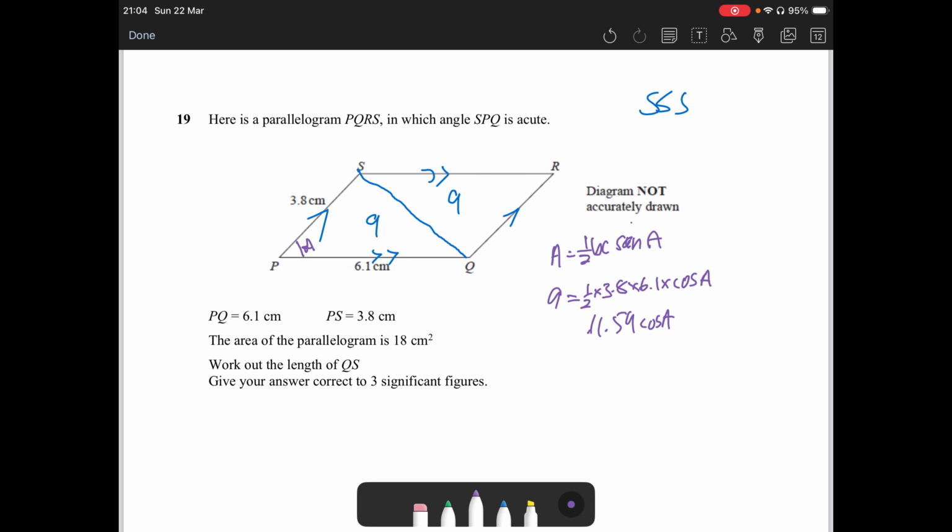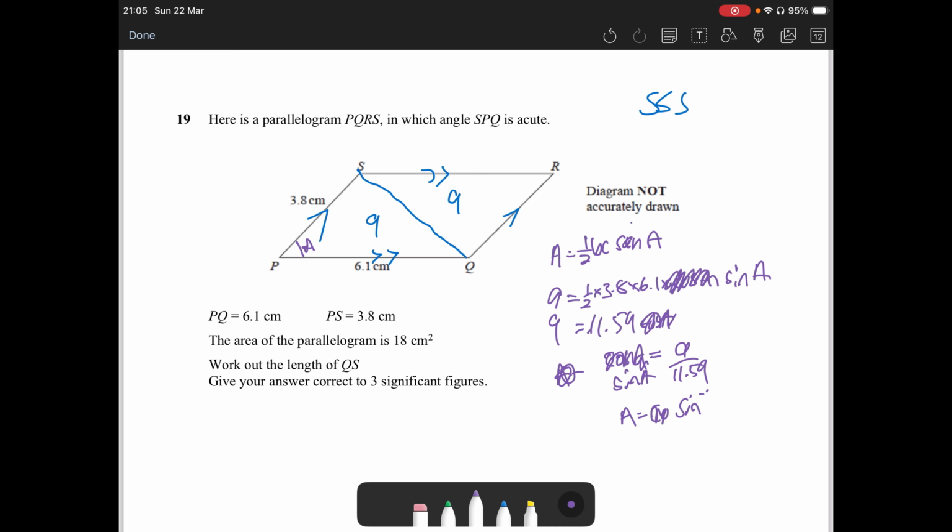Sine A is 9. So A, you know what, let's not take any shortcuts. Sine A is 9 over 11.59. And to work out the angle A, you'd have to do the inverse sine. I can't believe I've written cos. What's going on with me? It's sine A, isn't it? Sine A, sine A. It's been a long weekend.